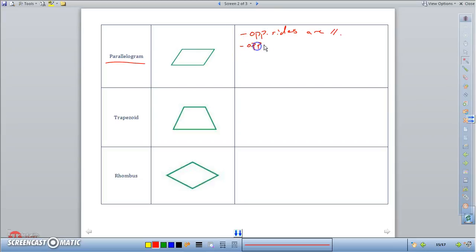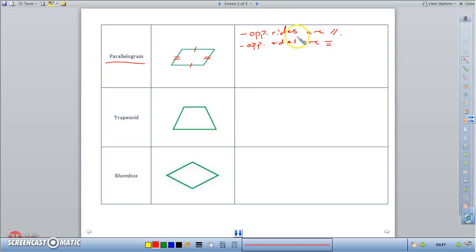Continuing on with the opposite theme, we have opposite sides are congruent, meaning that this side and this side have the same measure. This side and this side have the same measure.